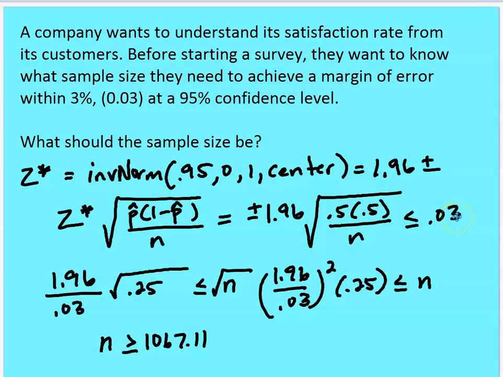So now we're just going to solve for n. I'm going to divide both sides by 0.03, and then I'm going to multiply both sides by the square root of n. So I end up with 1.96 divided by 0.03 times the square root of 0.25 is less than or equal to the square root of n.